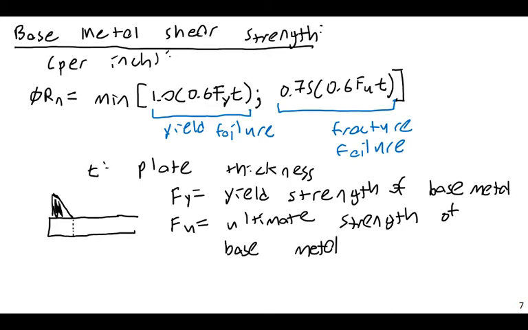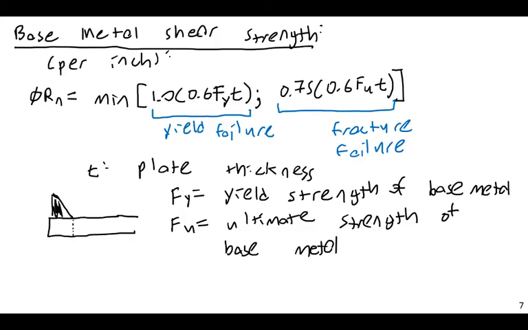I'm not really on any particular page. These are just my own notes. But I'm trying to find where that 1.0 came from. That's the thing that really stands out. So that might have been an older edition of the code. I would need to confirm that. I would need to double check that. That may have to be 0.75. I'd have to double check that.